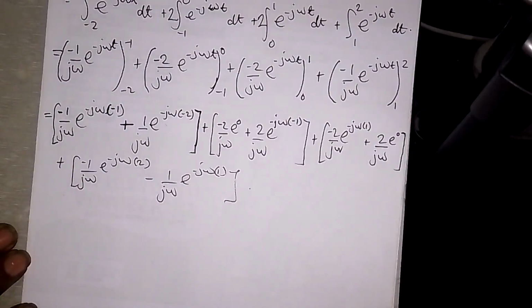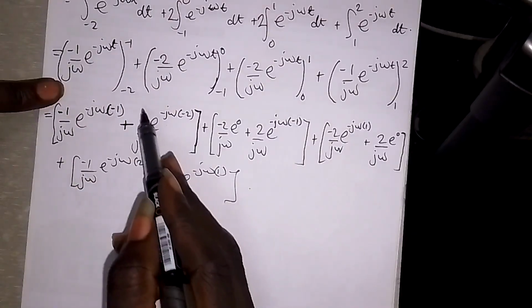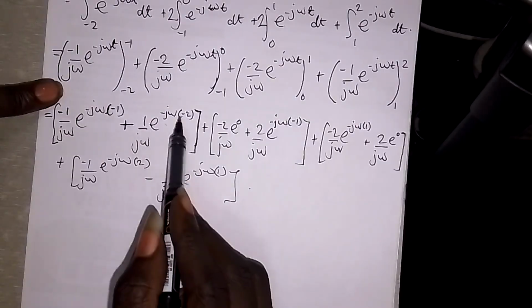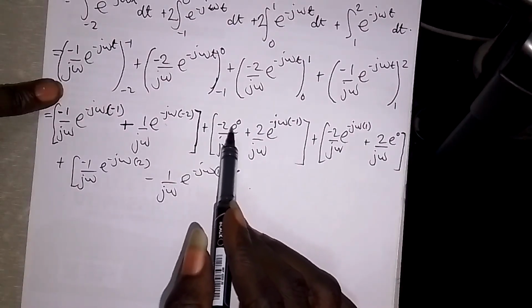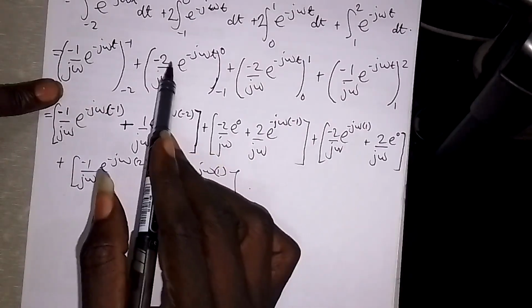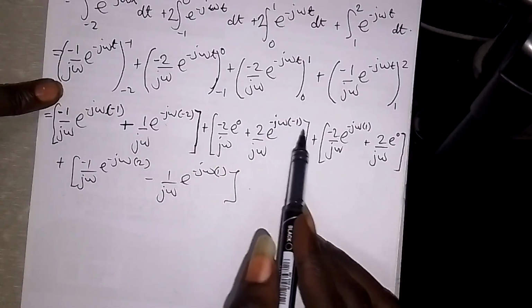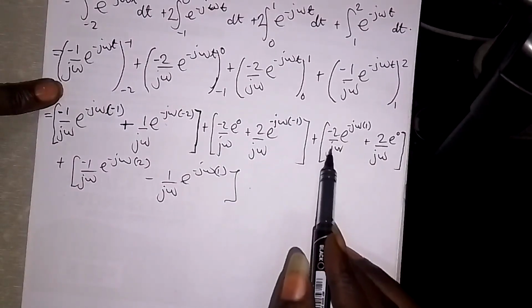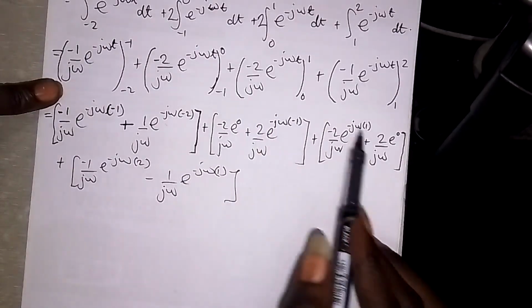So now let's just do a quick glance to check if we have done the right things. Here, minus 1, it's going to be minus, so it will be plus.